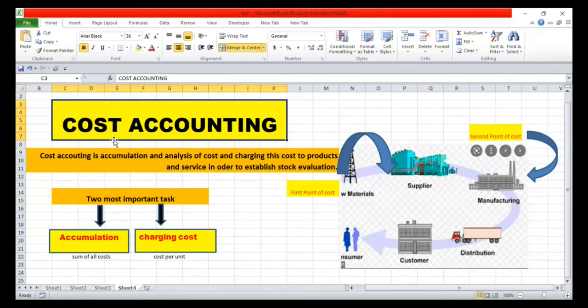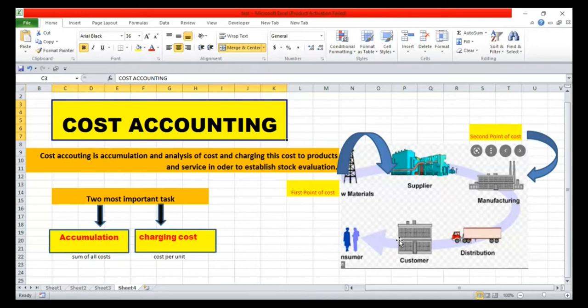So let's discuss what cost accounting is. Guys, cost accounting is the accumulation and analysis of cost and charging that cost to products and services in order to establish stock valuation. This is one of the simplest definitions that lets us know what we are going to do in cost accounting.